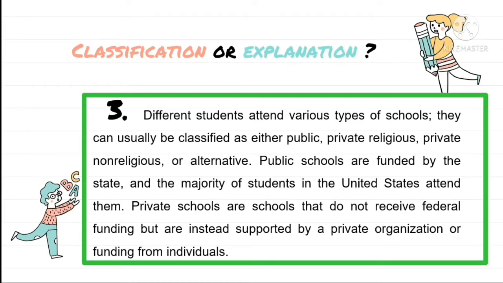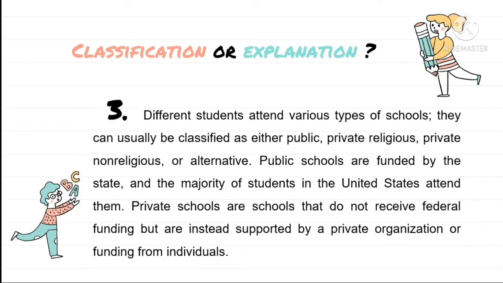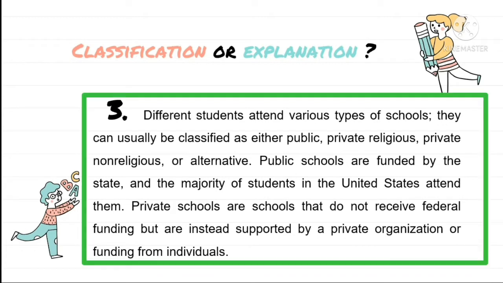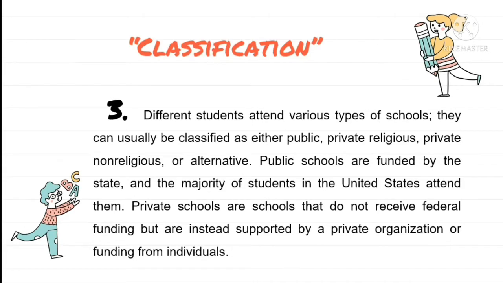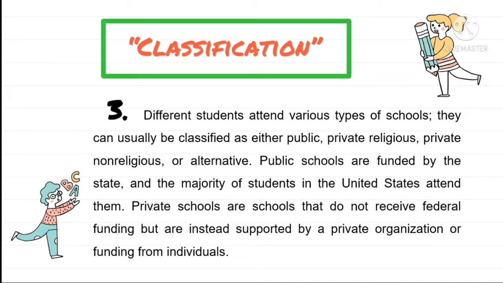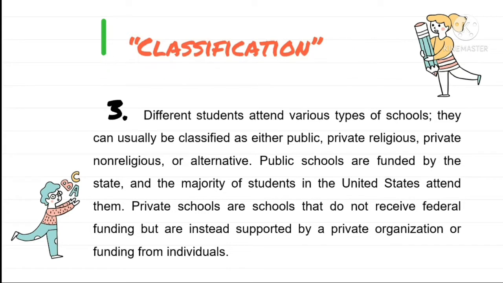Private schools are schools that do not receive federal funding, but are instead supported by a private organization or funding from individuals. The correct answer is classification, because this paragraph classifies the different schools students can attend, and it also compares what it means to be public or private schools.